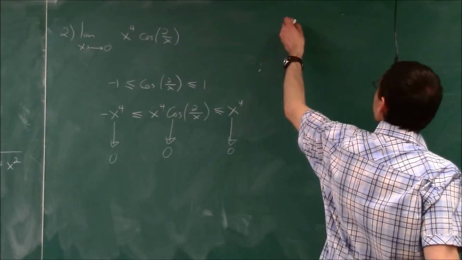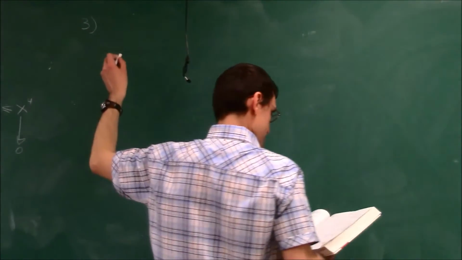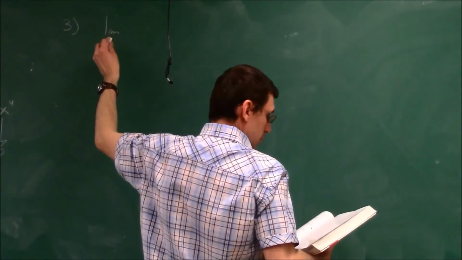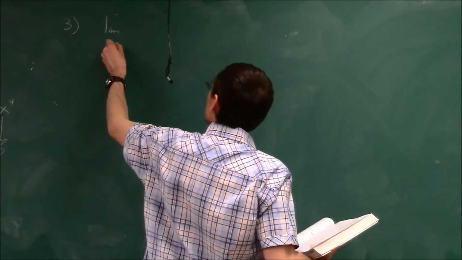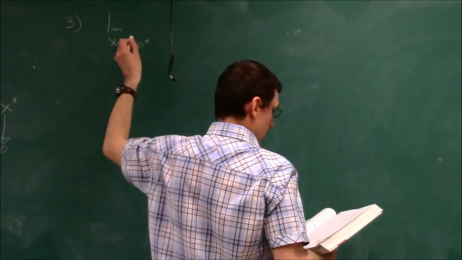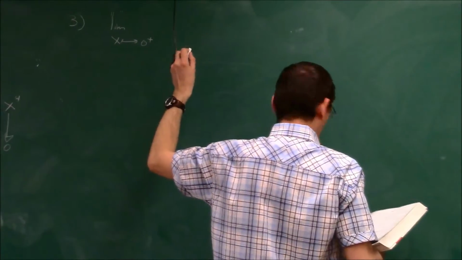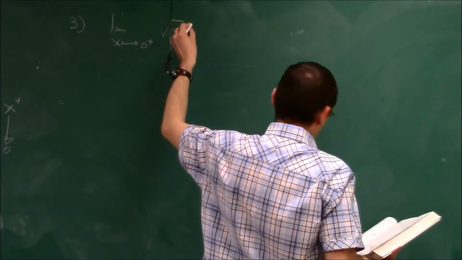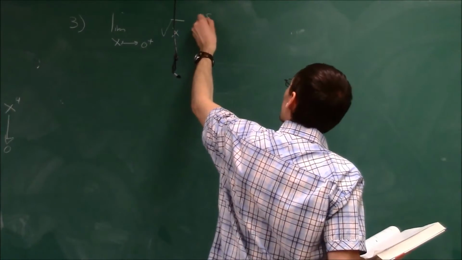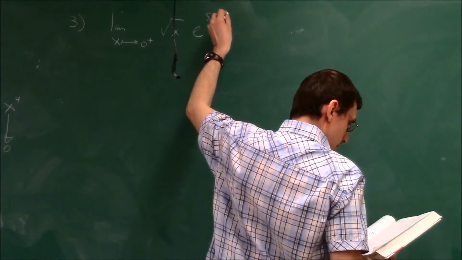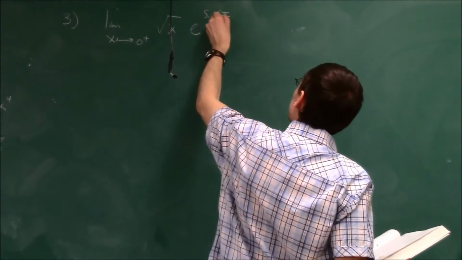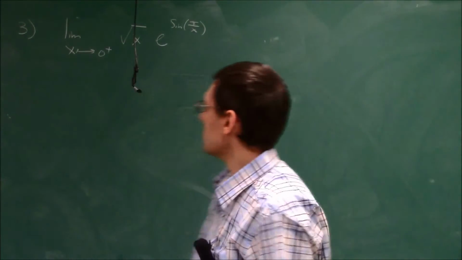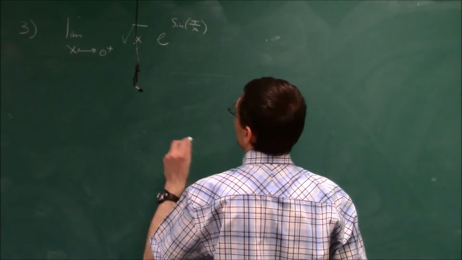Example number 3. Let's try to calculate the limit as x goes to 0 plus of root of x times e to the power of sine of pi over x. Now what do we see here?